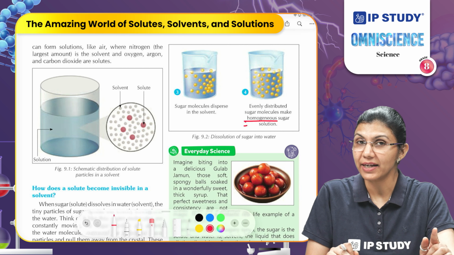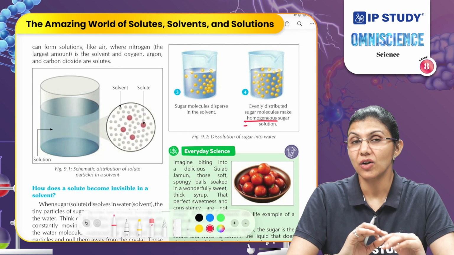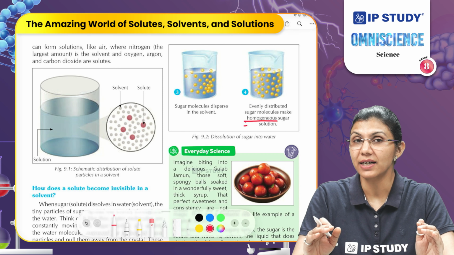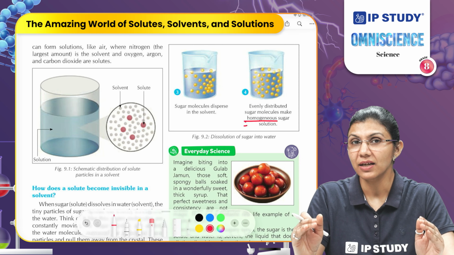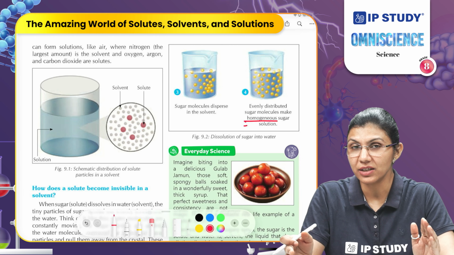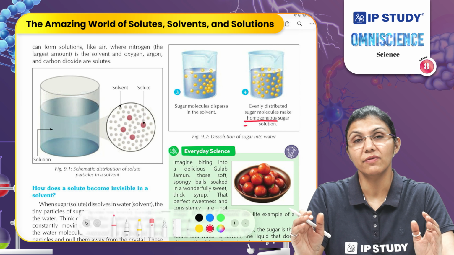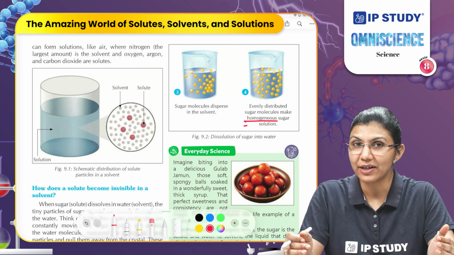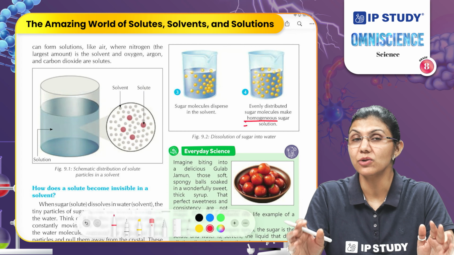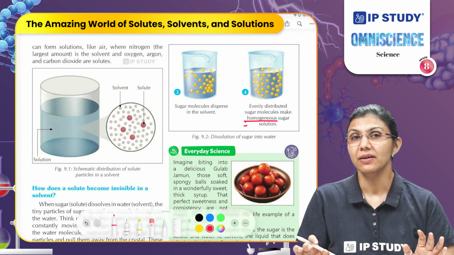So when we are adding sand in water, it is not distributed evenly and sand particles settle at the bottom. So that kind of mixture is a heterogeneous mixture or heterogeneous solution. Similarly, when you are adding vinegar into milk, you get a heterogeneous solution, meaning you can see the components of the solution in that container.